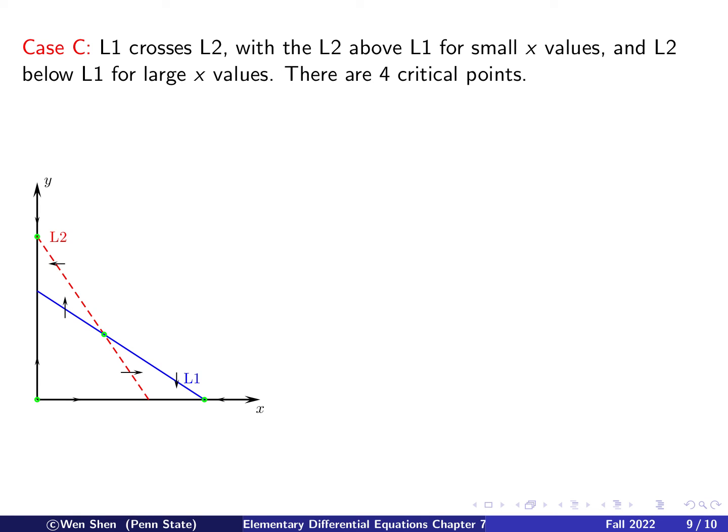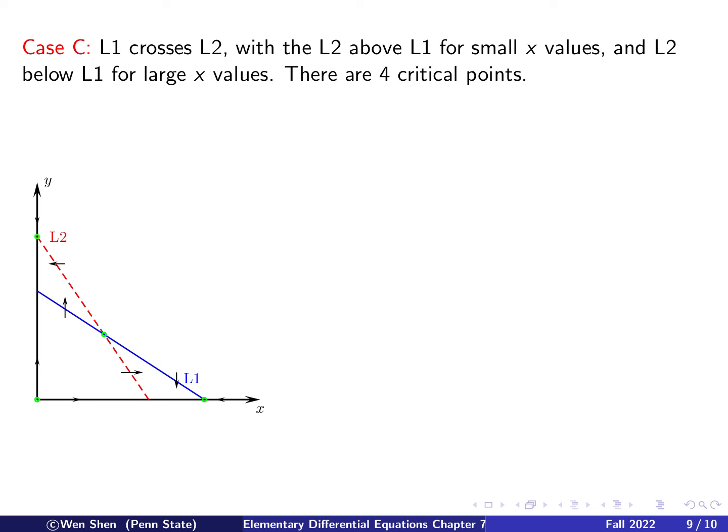Okay. And similarly, along line L2, we'll have a horizontal directional field. To determine which direction they actually point, on the left of the critical point, L2 is above L1, therefore x prime will be less than 0, and it goes to the left.